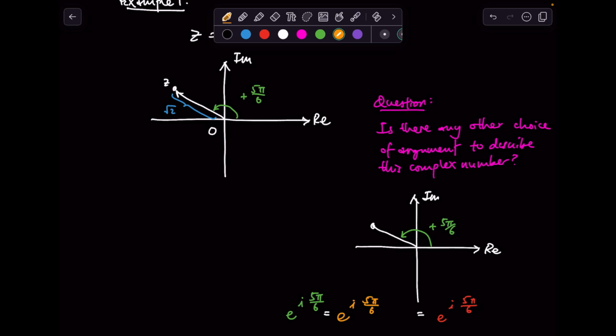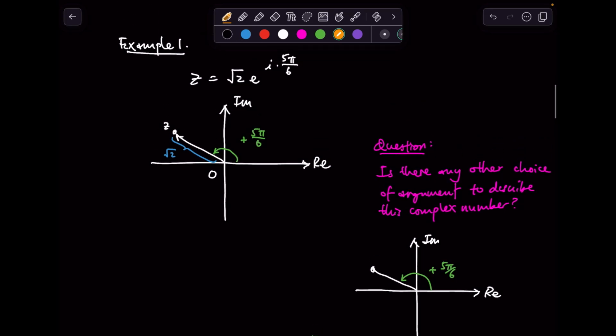Then for this purpose of representing this complex number, I could have measured this way to here, and I will still describe this position vector pointing in this certain direction, right? So I just need to measure out a root 2 and I'll still describe z. So can z be represented as root 2 e to the power of i times minus, okay, this angle.